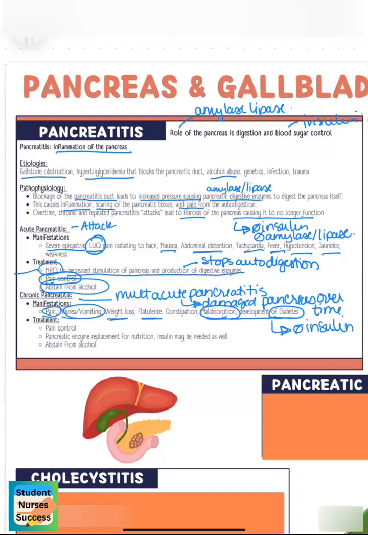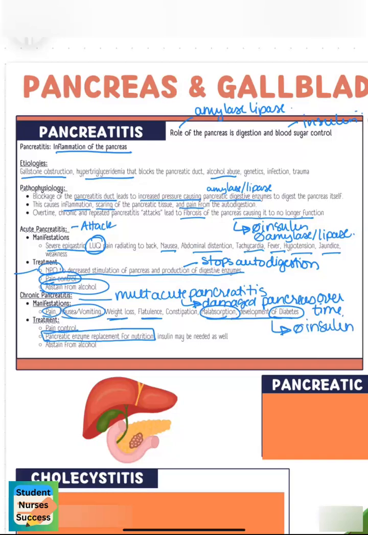For patients with chronic pancreatitis, they're still having some of these acute pancreatitis attacks. So they still have the pain issues with that, but really their issues are more long-standing with nutrition because they're not making amylase and lipase. So because they're not making enough amylase and lipase, we actually do pancreatic enzyme replacement every time they eat.